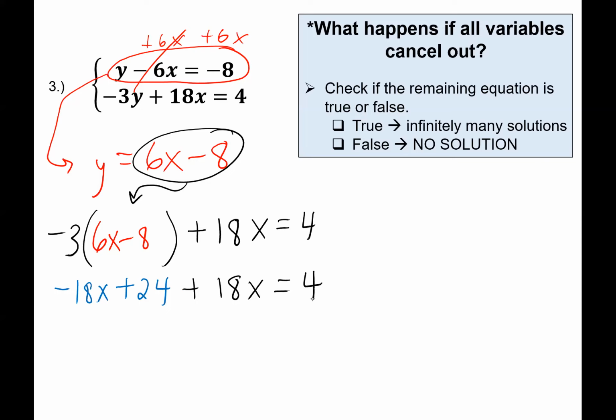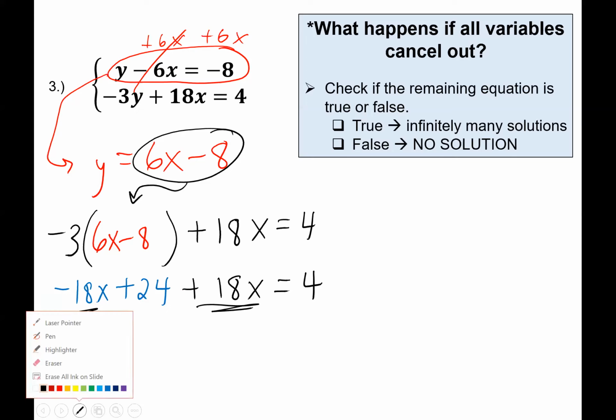Okay, so here's what we have so far. Negative 18x plus 24 plus 18x equals 4. I would combine like terms next. So the negative 18x plus 18x can be combined, but when we combine them, they add up to 0. So I now have 0x.